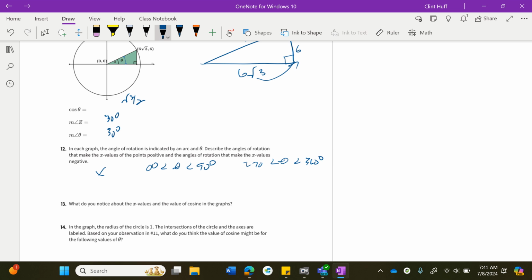We're saying the cosine is positive, basically in quadrant 1. X being the value of the cosine, or the x coordinate of a point. And then it's negative. X is negative when theta is between 90 and 270.